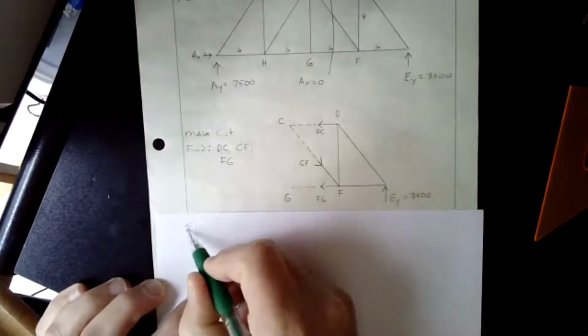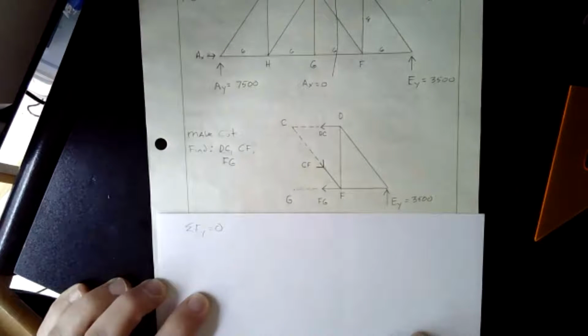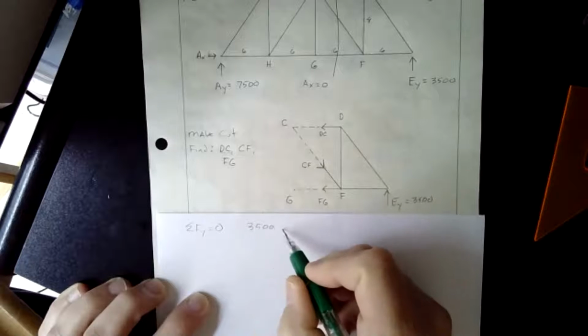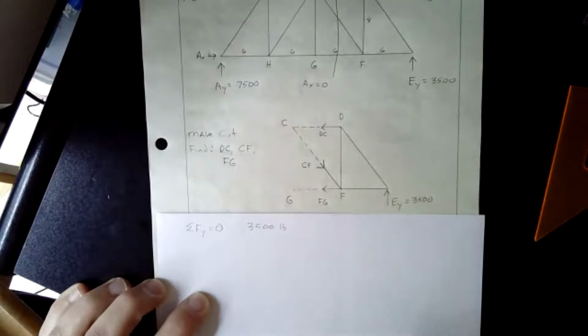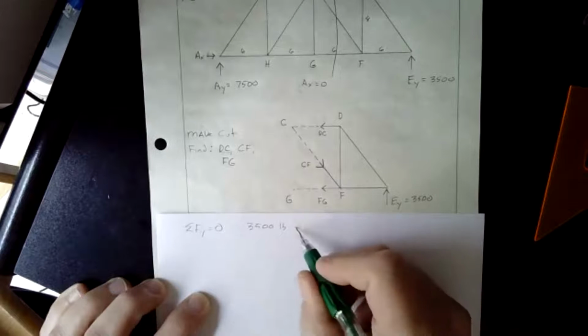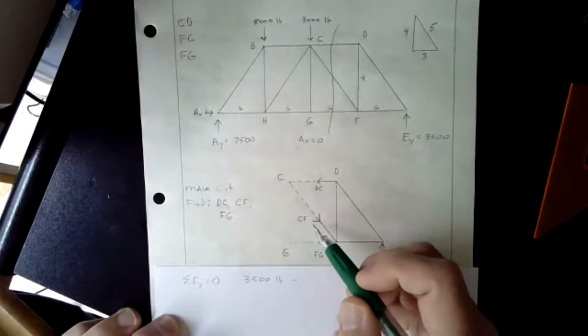So let's do that. We'll start by summing the forces in the Y to 0. If we do that, we know that we have 3,500 going up. And then the way I've drawn it, I have minus, and remember this is a 3, 4, 5 triangle, so 4/5 is going down.